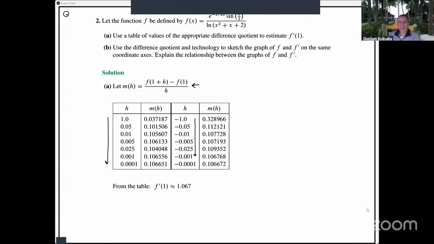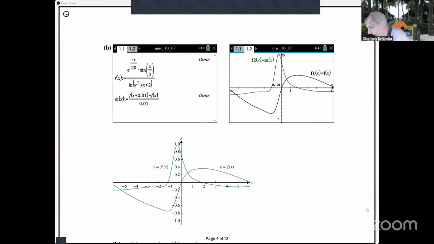But then there's a product in the numerator. So, oh boy, and there are some chain rules in there. I don't think I really want to do that one. So it sure looks like f prime of 1 is close to 1.067 as we approach this with the numerical method. So let's take a look at part B, and I've got a couple of screenshots here from the TI-Nspire.